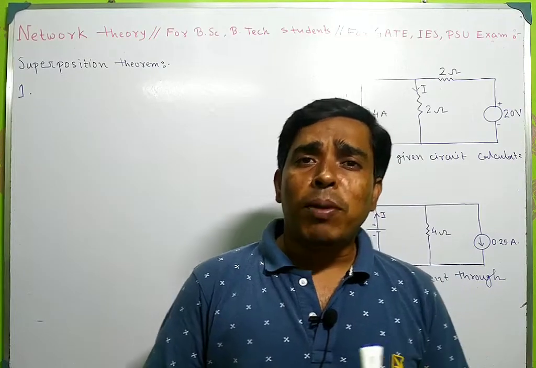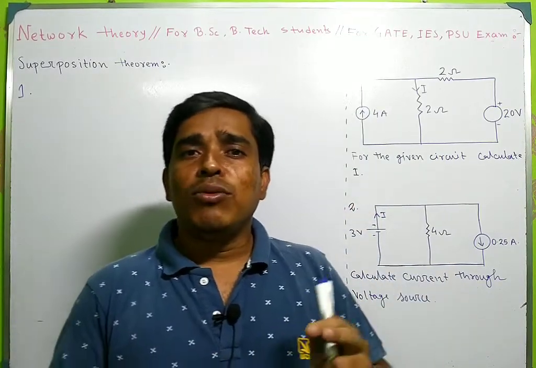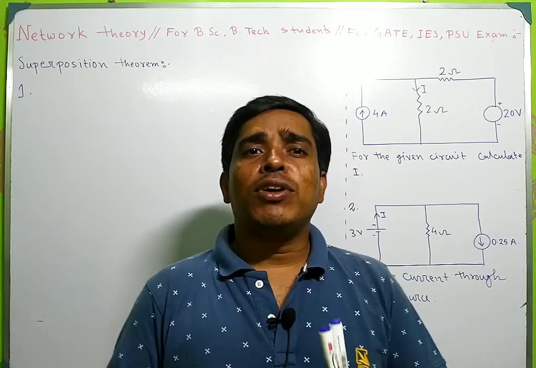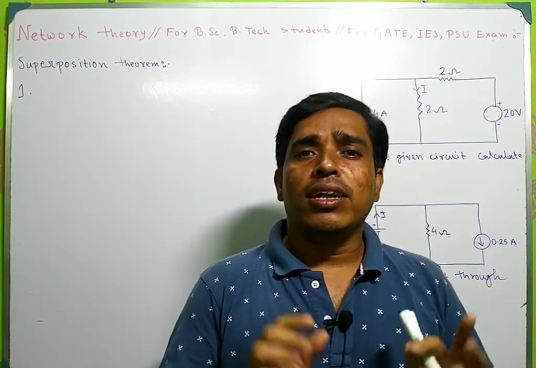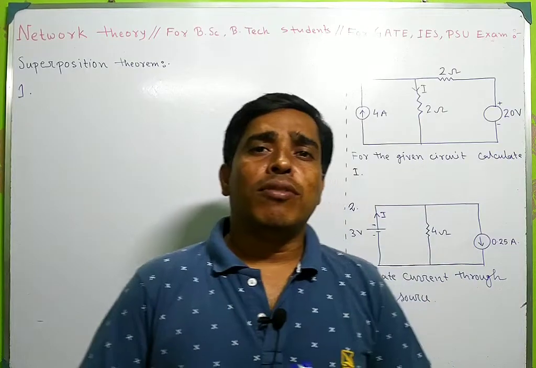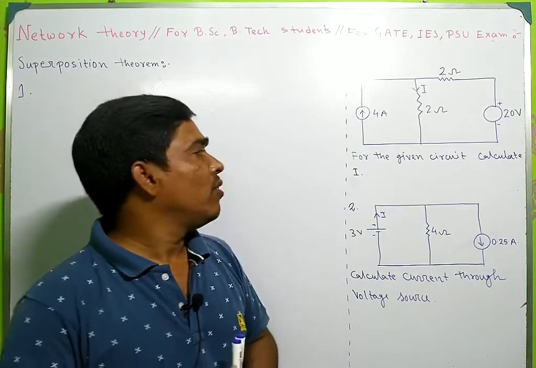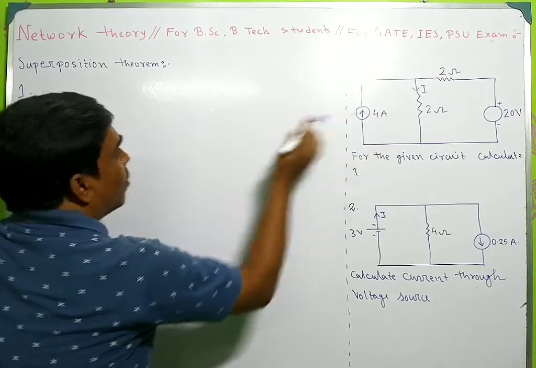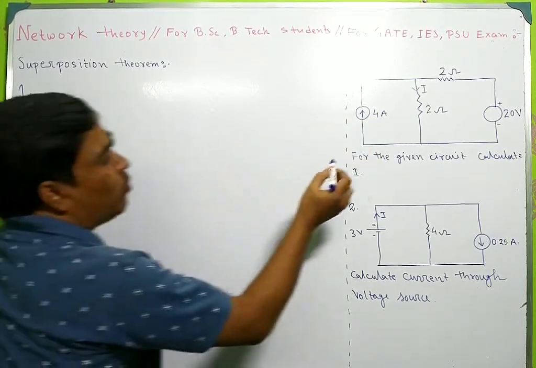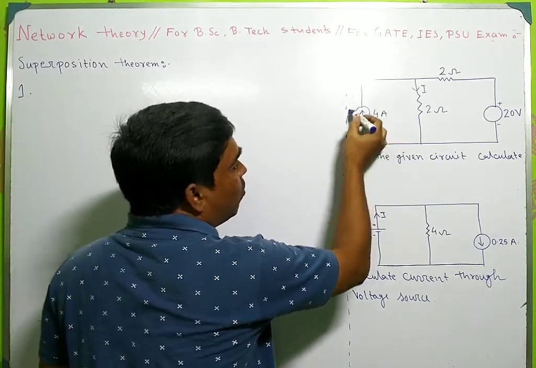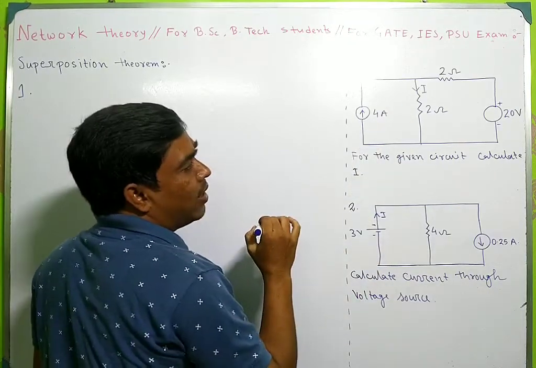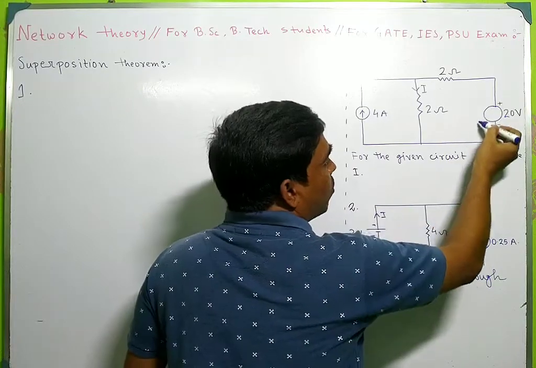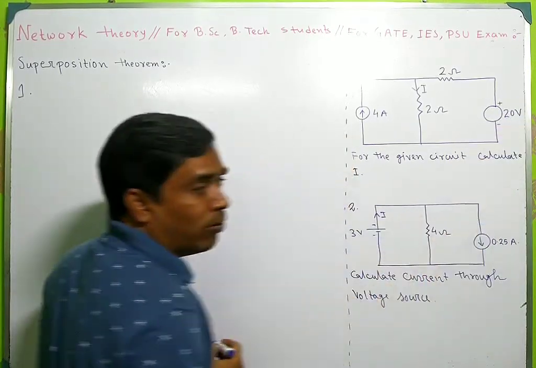When you replace a voltage source, it will be short circuited because a voltage source contains a small amount of resistance. Okay, so in this problem, you have to calculate the current due to the 4 ampere current source, and here you have to calculate the current due to this voltage source.